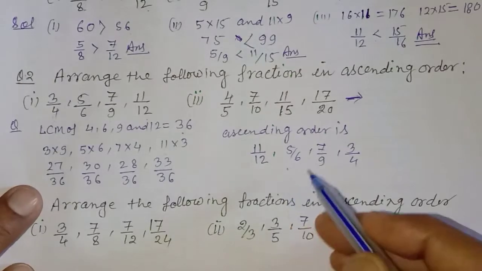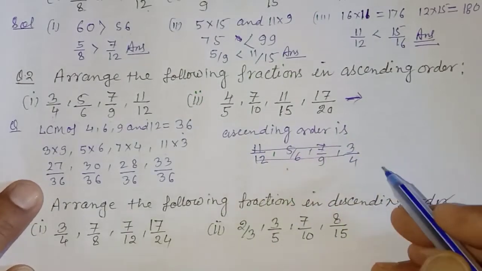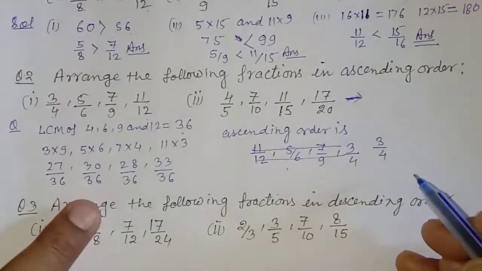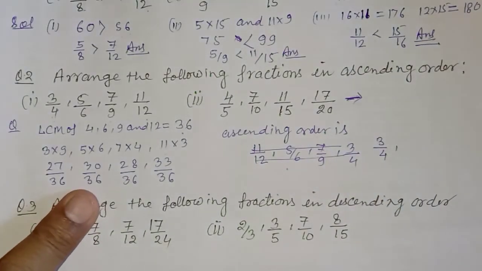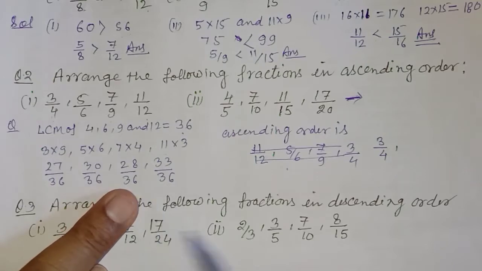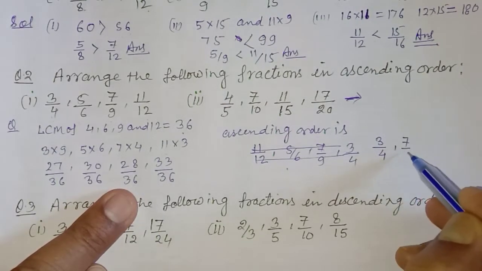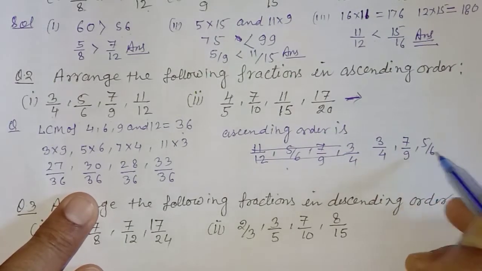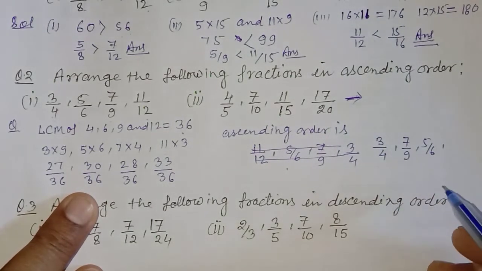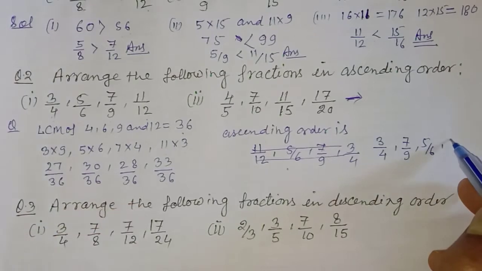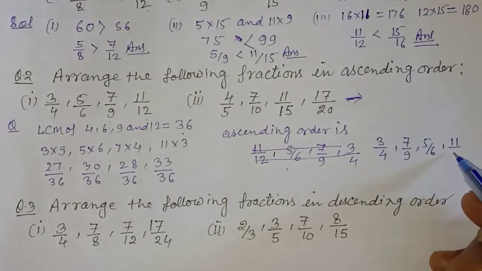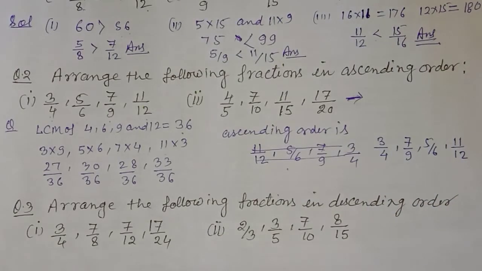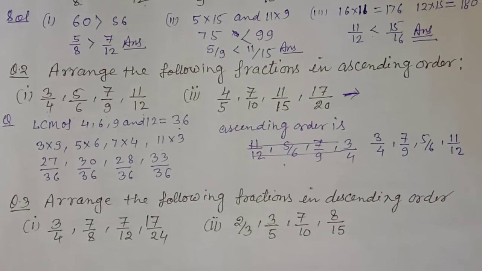So first, ascending order is 3 upon 4 and then 7 upon 9 and then 5 upon 6 and then 11 upon 12. That is, students, we have to go from smaller to larger.